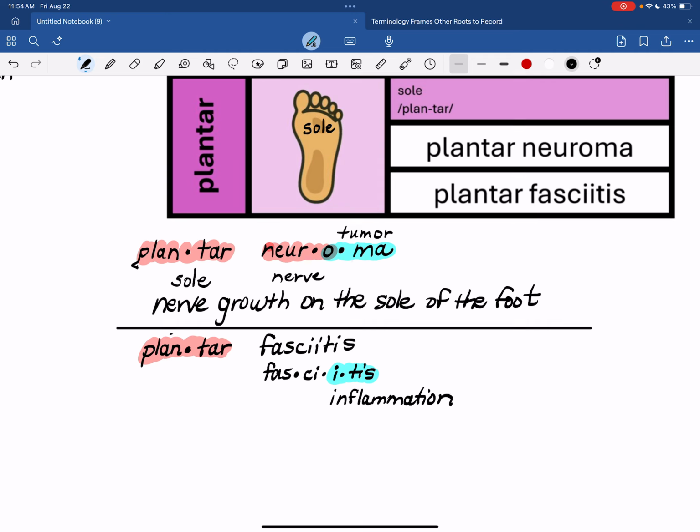And so let me just group this together. This one's giving me a little trouble because I'm not an expert on feet by any means. The plantar fascia is a band of tissue on the bottom of the foot.